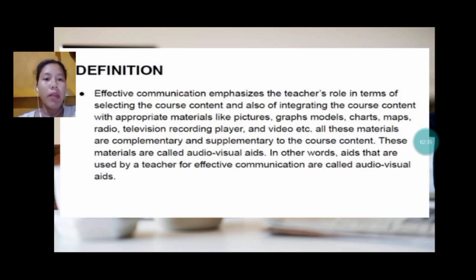The audiovisual method is an effective communication method that emphasizes the teacher's role in selecting the course content and integrating it with appropriate materials like pictures, graphs, models, charts, maps, radio, television, recording player, video, etc. All these materials are complementary and supplementary to course content.